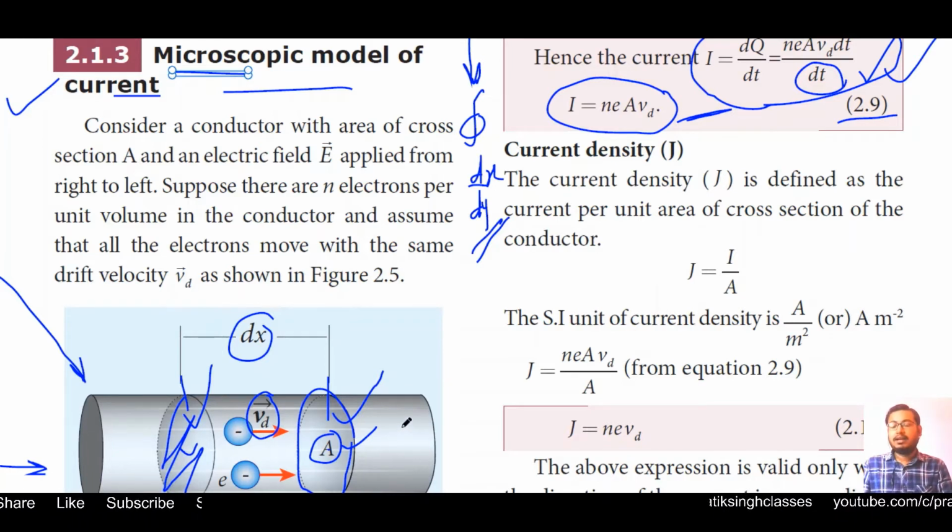Let me show you my Brahmastra, my way of learning physics. Suppose any topic is given, for example topic 2.1.3, and in this topic there is a lot of theory, there will be figures, and there will be questions also. First see the figure, what terms are given and how the figure is demonstrated.